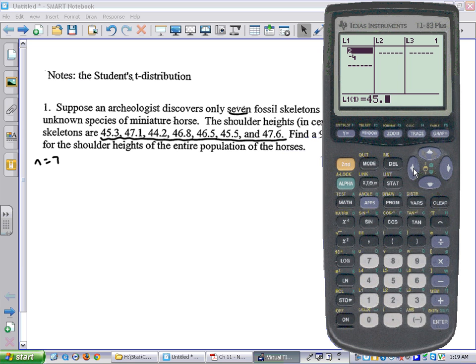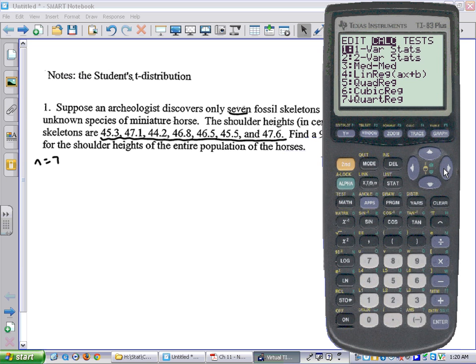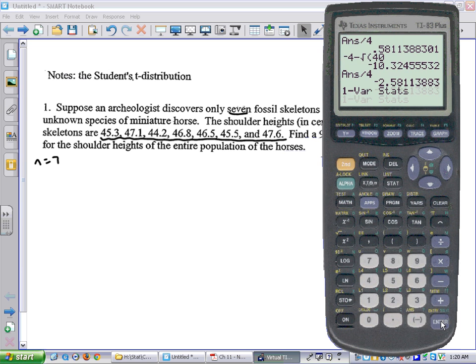So we got 45.3, 47.1, 44.2, 46.8, 46.5, 45.5, and 47.6.